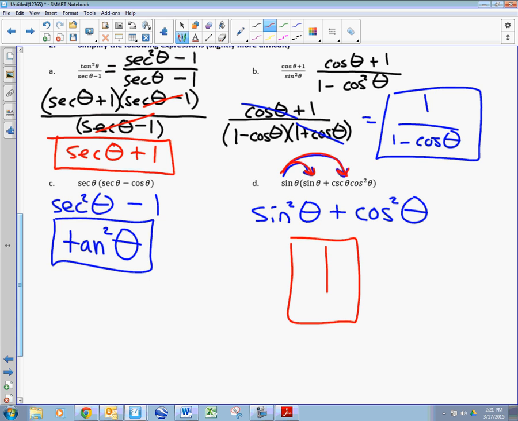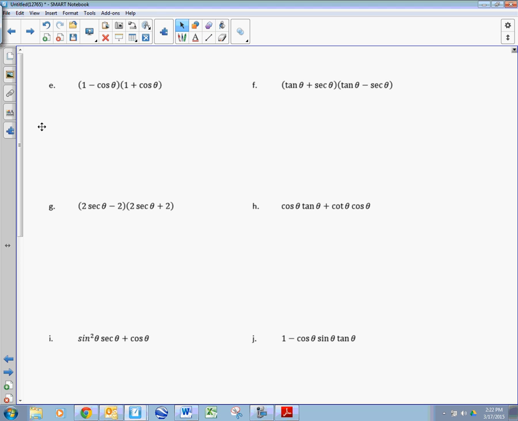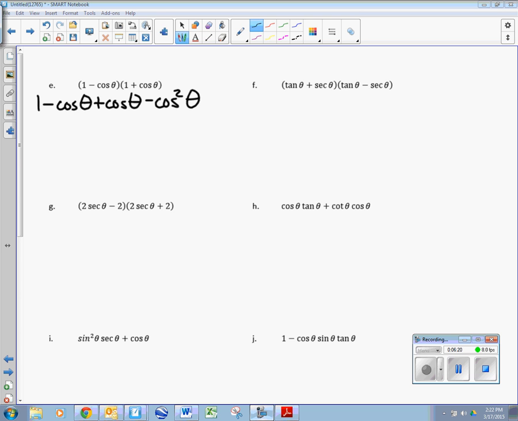Sine squared plus cosine squared is 1. Flip it over. So here we go.